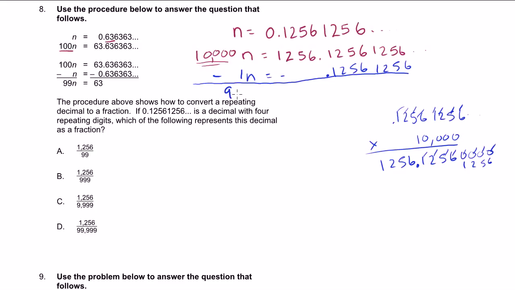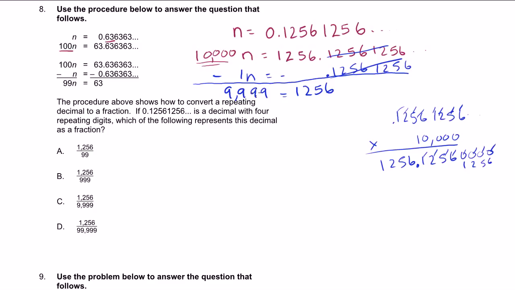Well, that's 9,999 is equal to, when you do the subtraction, the decimal parts cancel out, and you're just left with 1,256.